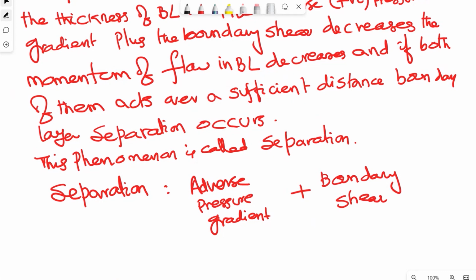These two together, if they act, lead to separation. This is the concluding point.